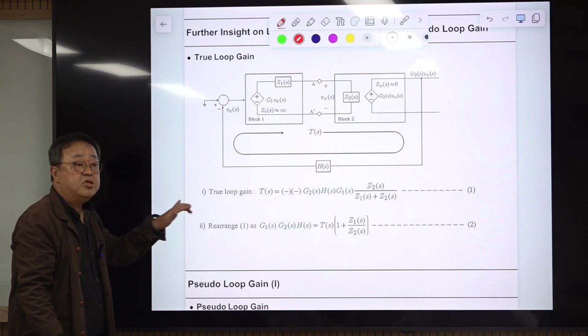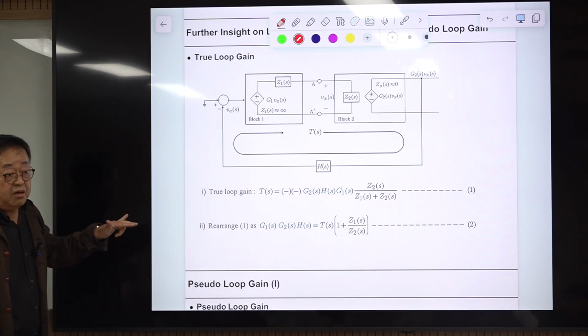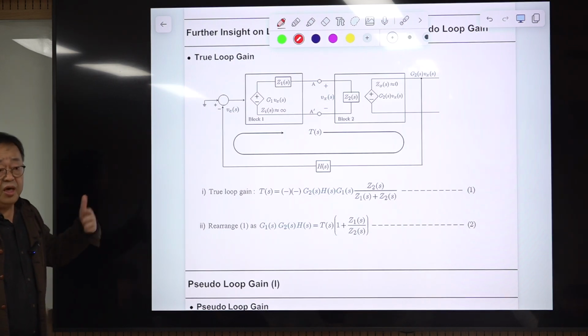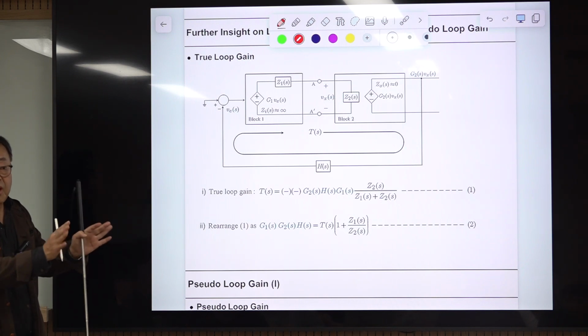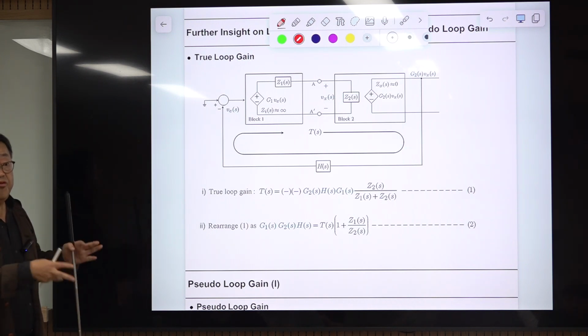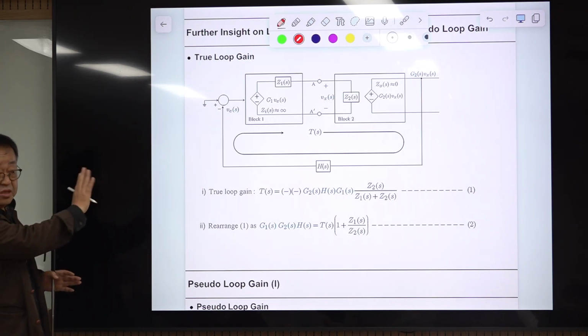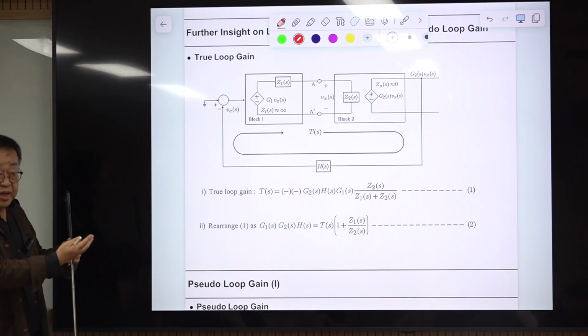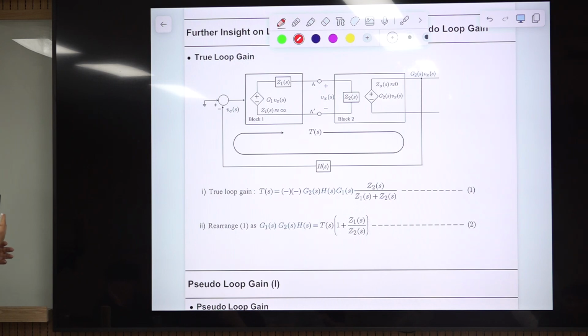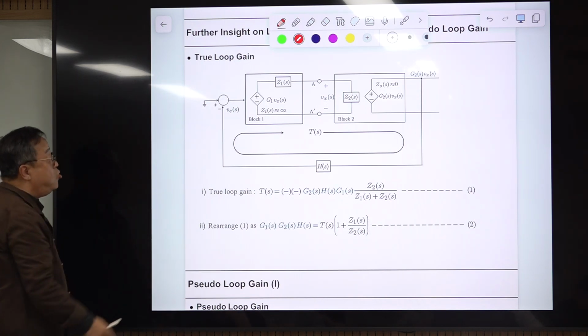This situation is very similar to the case where we used an ideal transformer to explain the concept of the loop gain when we started talking about loop gain measurement. You remember that, okay? Later on, we replaced the ideal transformer with the practical transformer. So this is a true loop gain.